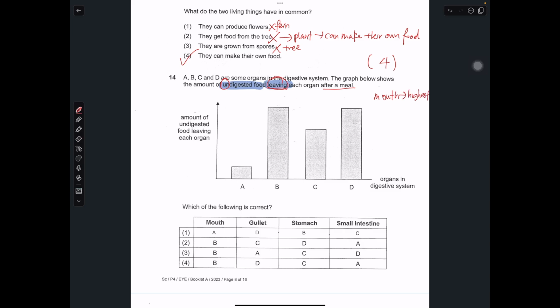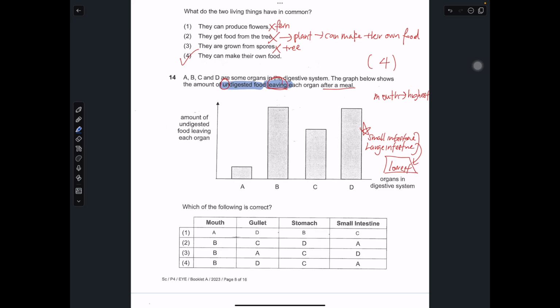When it's at the small intestine, the undigested food will be the lowest, because at that point most of it will be digested, most of it will be absorbed.